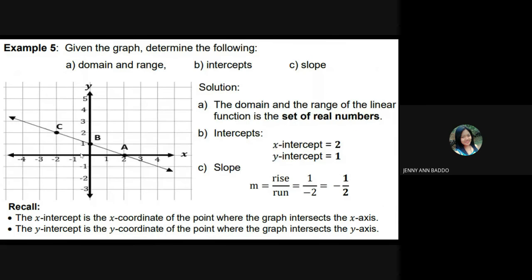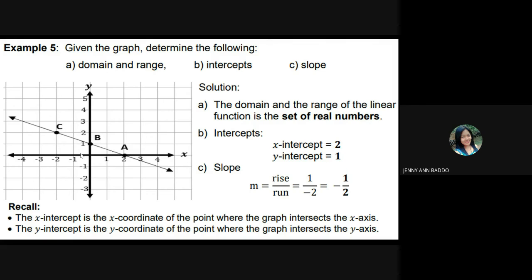Next example. Given the graph, determine the domain and range. Since the given graph is obviously a line, that means it's the graph of a linear function. Therefore, the domain and the range belong to the set of all real numbers.